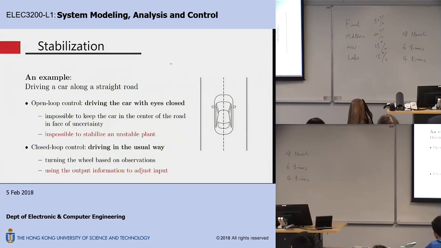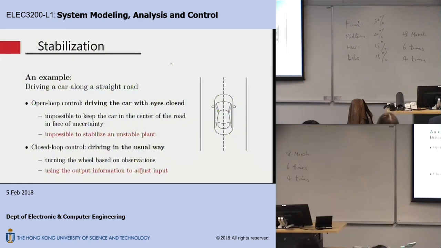You cannot predict actual road condition. So open loop control is used occasionally by people in industry, but I don't suggest it. It's basically impossible to do anything good.